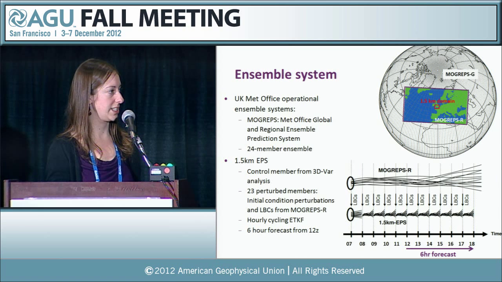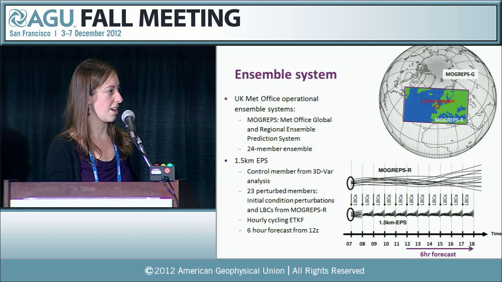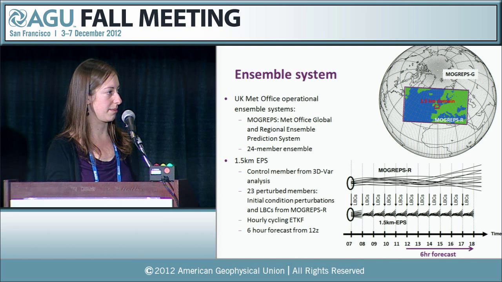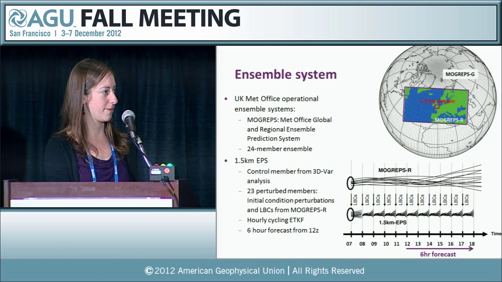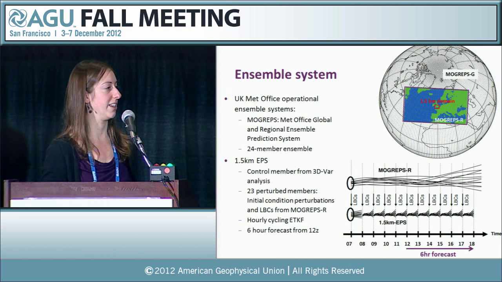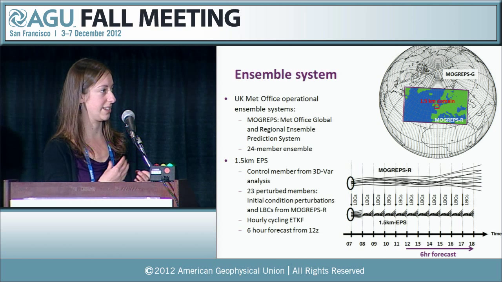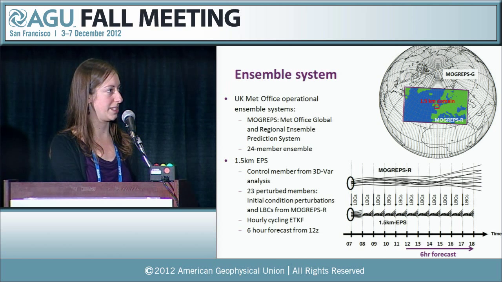So we have an hourly cycling ETKF. In the case that I'm showing today, for the period of interest, the 6 hours here, we've not included the hourly ETKF cycling, but it's still forced by the hourly LBCs from MOGREPS-R.